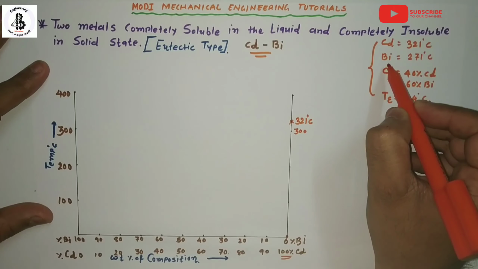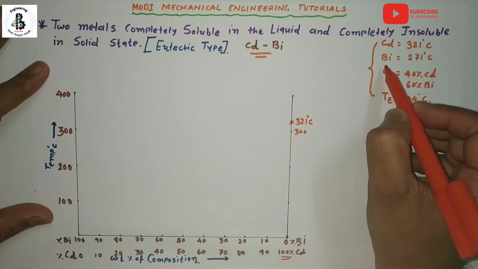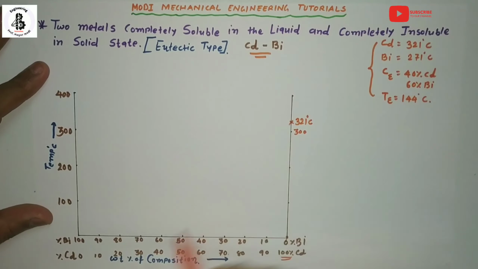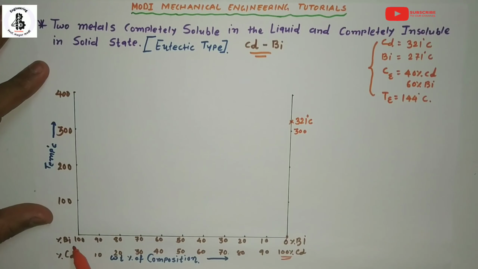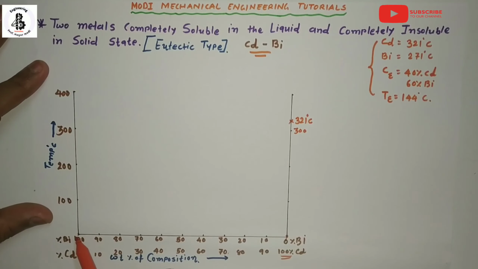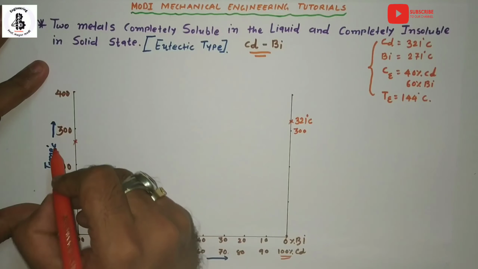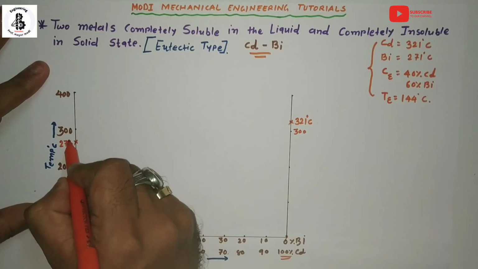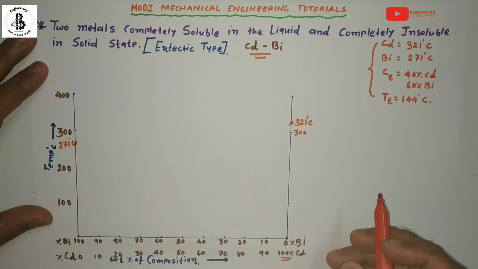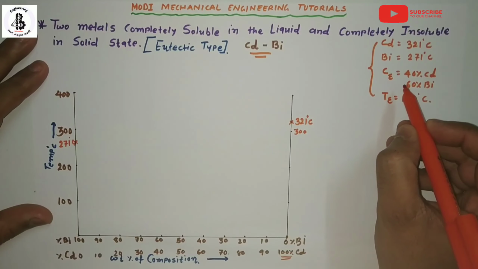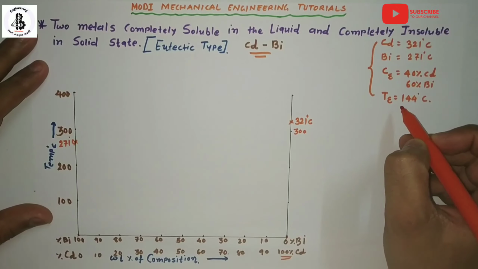Similarly, on the left side, bismuth has a melting point of 271 degrees centigrade. So take the side at 100% bismuth, here, and 271. I think it will be almost here, 271 degrees centigrade.